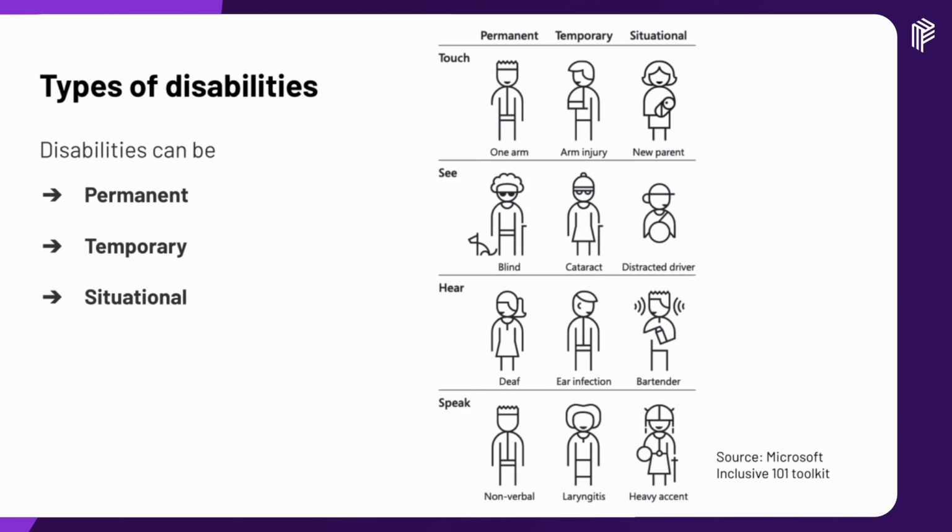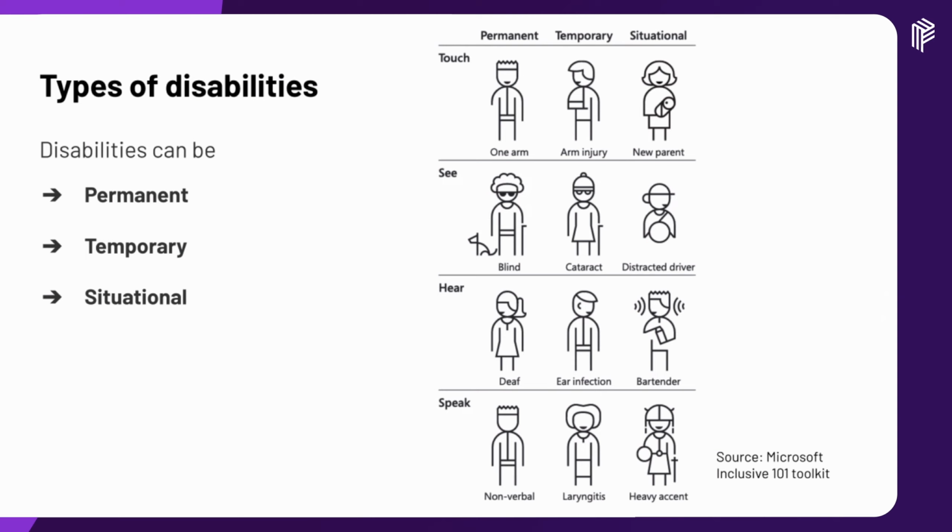This is an image that I really enjoy from the Microsoft Inclusive 101 Toolkit, which is a great learning resource about inclusive design. We can see that, for instance, touch disability can be permanent, so a person that has one arm.